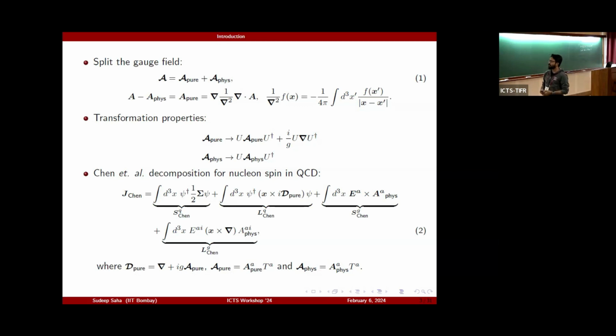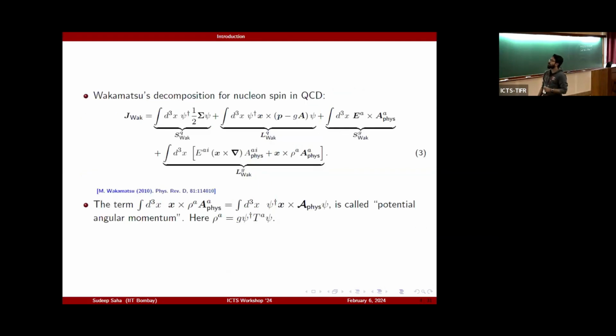The Chen et al. decomposition separates the total angular momentum of quark and gluon into spin and orbital angular momentum contributions. It is gauge invariant, but it also contains non-local terms, and only the operators related to the spin and the angular momentum of quark satisfy the SU(2) algebra.